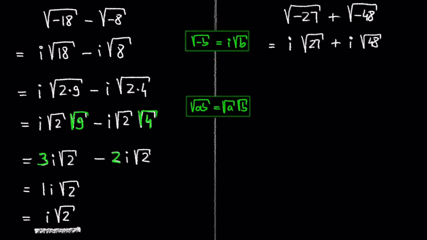Then we split the numbers 27 and 48 that way into 3 times 9 and 3 times 16.